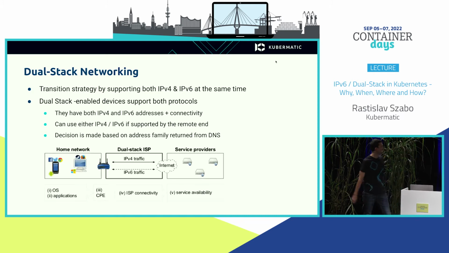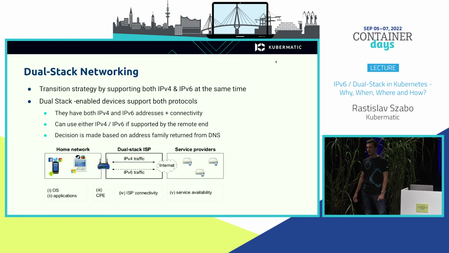This picture shows the different places where dual stack needs to be supported to have end-to-end dual stack connectivity. First, if you want to use it in your home network, your network needs to be set up to run on both IPv4 and IPv6. Your CPE, customer premises equipment from your ISP, needs to support it. Then your ISP needs to support both IPv4 and IPv6.